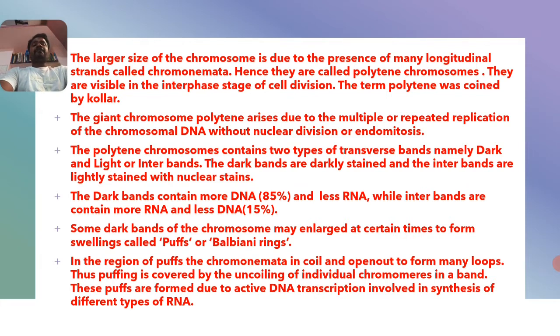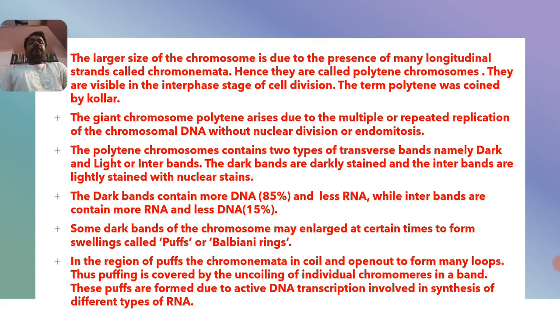Those are called puffs, or another name is Balbiani rings. These are called Balbiani rings because polytene chromosomes were first found by Balbiani. Those ring-like, swelling-like or puff-like structures formed on the chromosomes are called Balbiani rings.